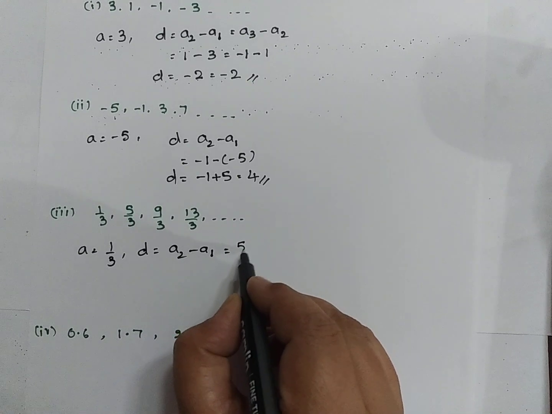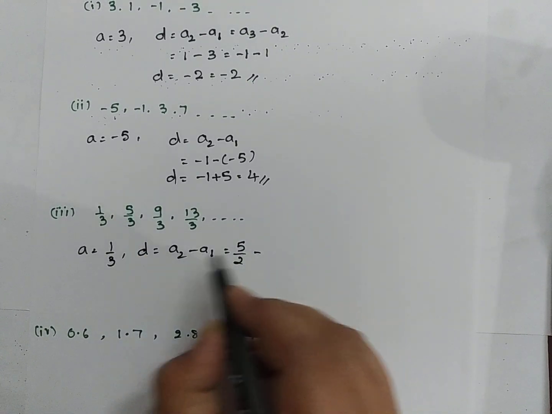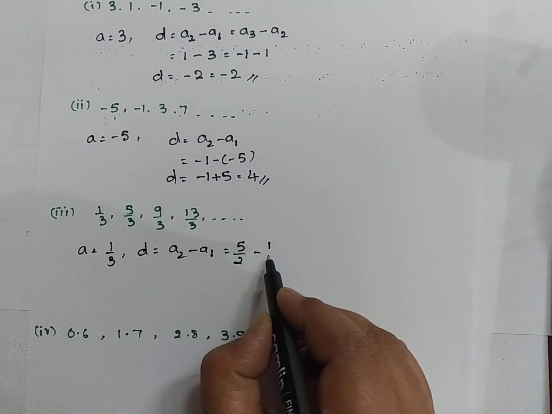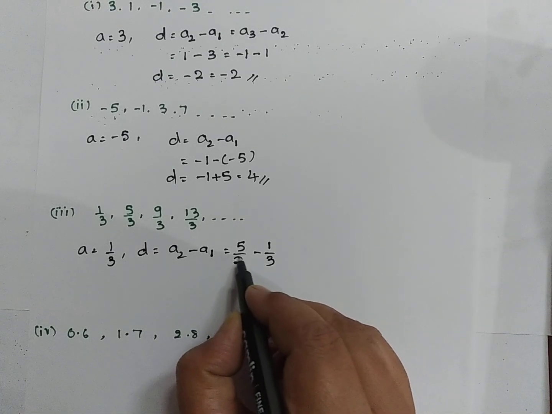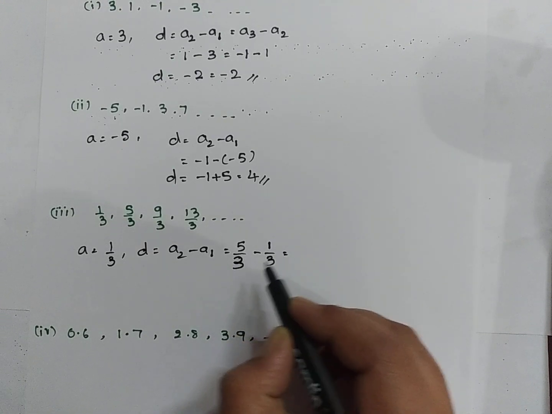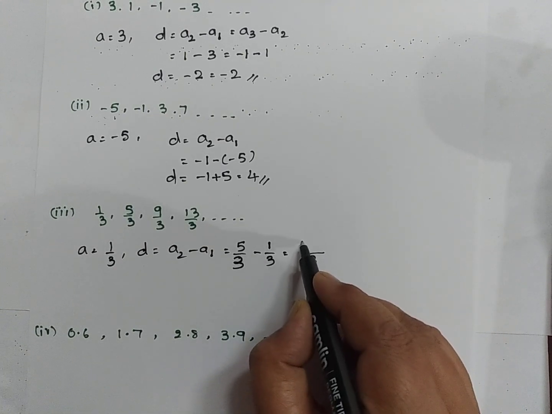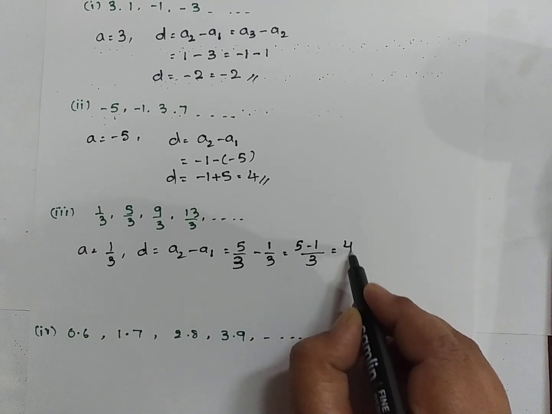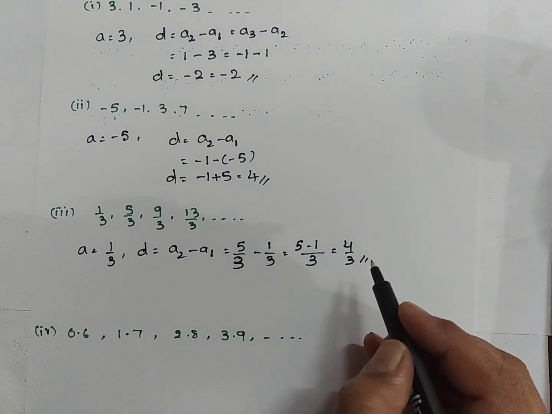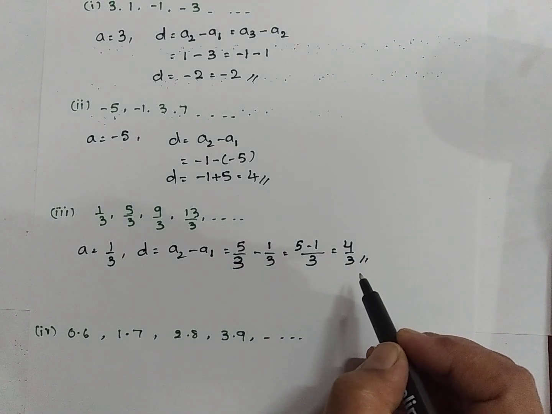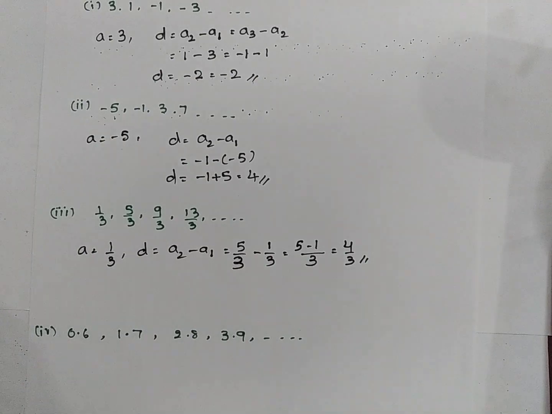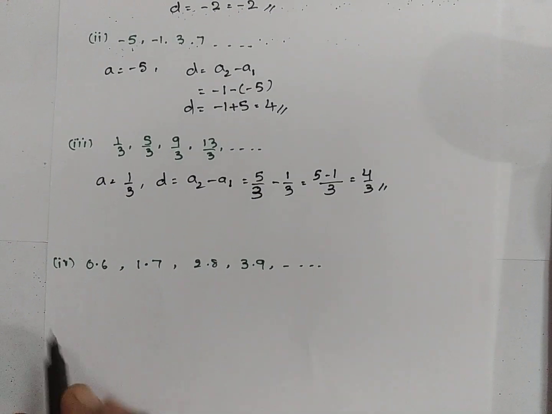That is the second term minus the first term, 5 by 3 minus 1 by 3. Take the LCM, and 5 minus 1 is 4 by 3. So the common difference is 4 by 3.